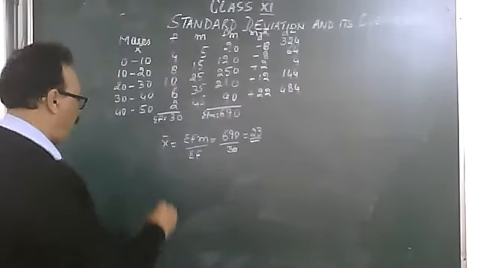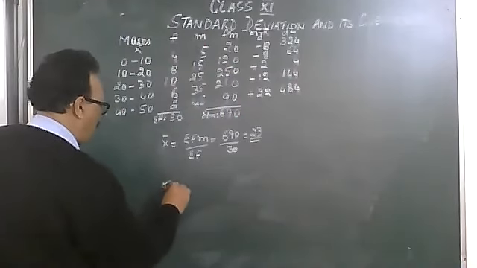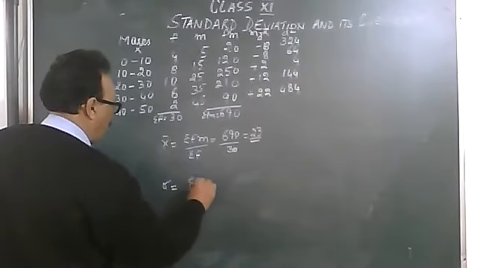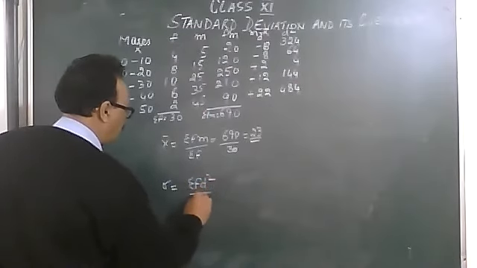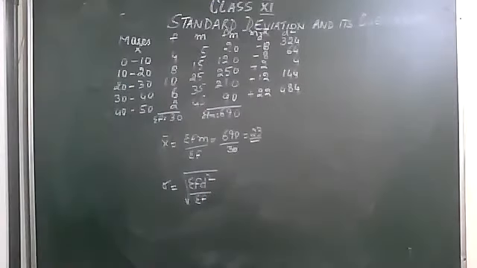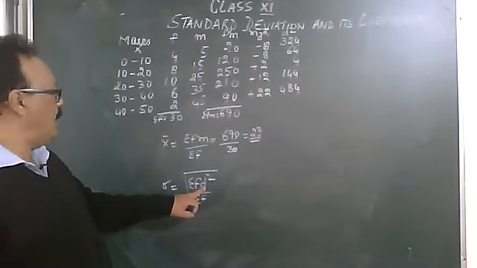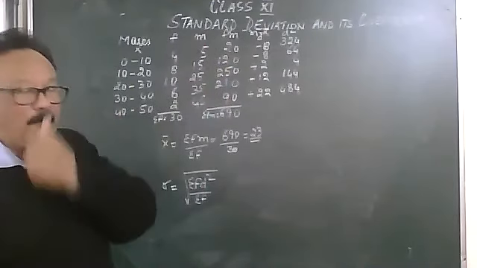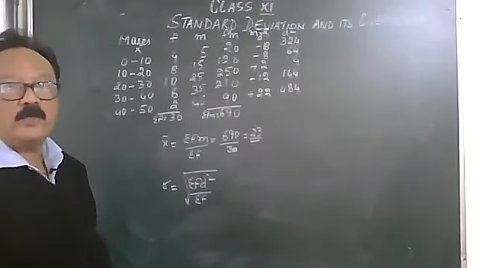Now, what is the formula for standard deviation? Put that down. Square root of sigma f d square upon sigma f. So what do we need? f d square. We have already worked out d square.